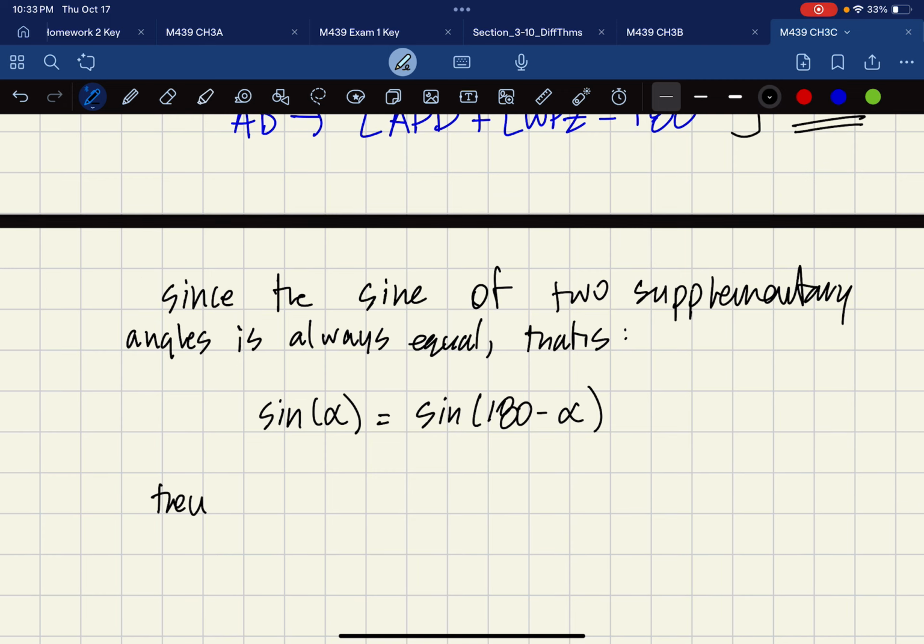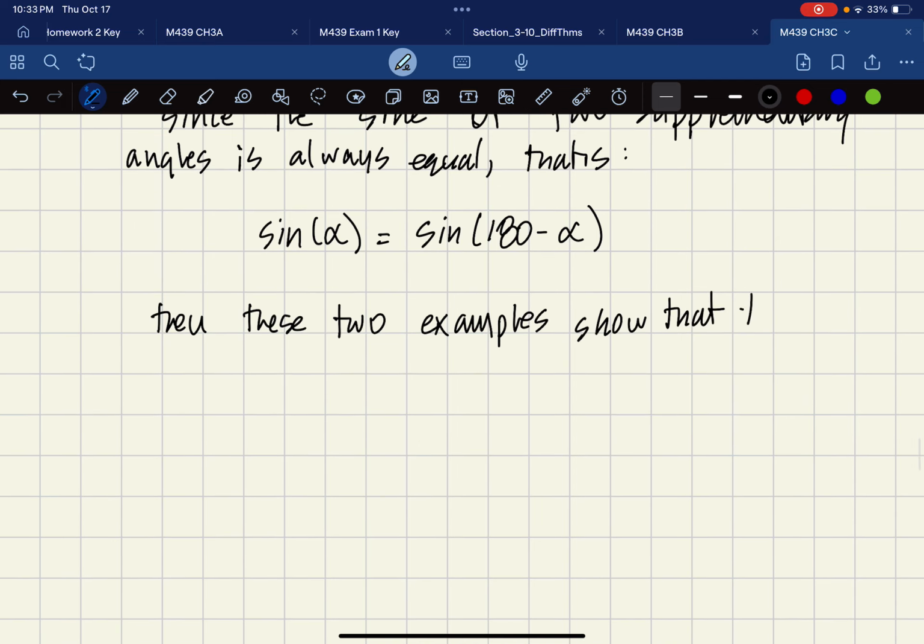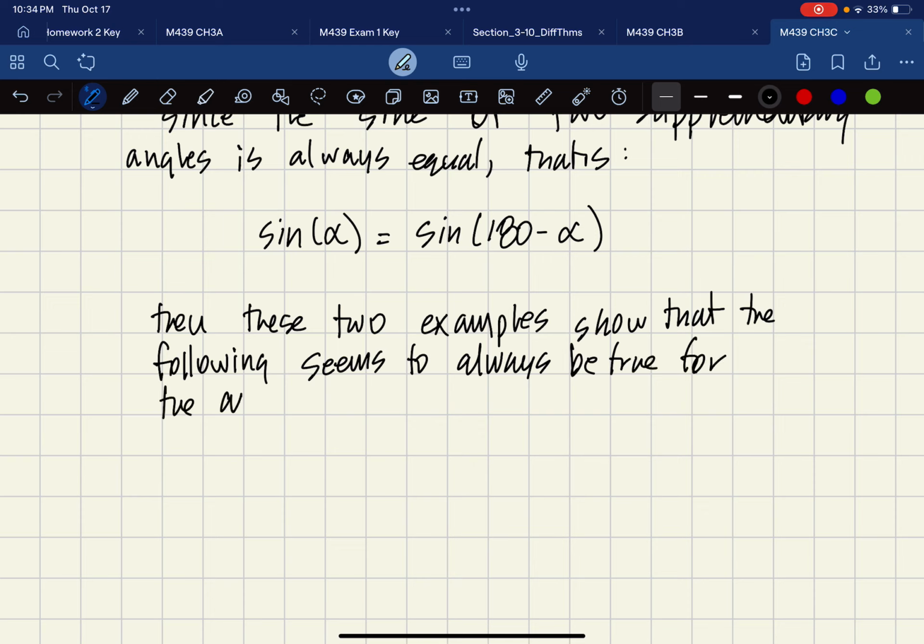Then these two examples show that the following seems to always be true for angles associated with cross ratio.